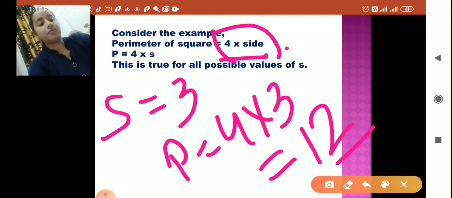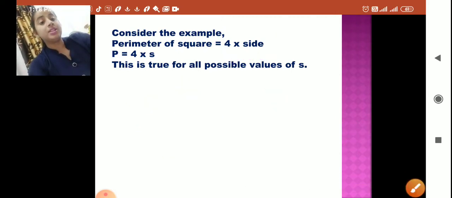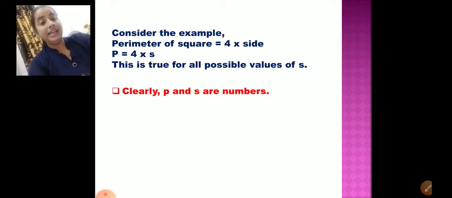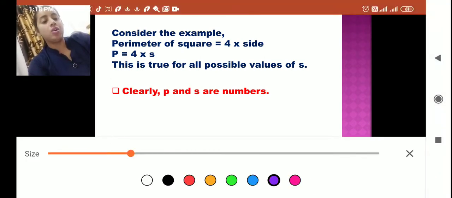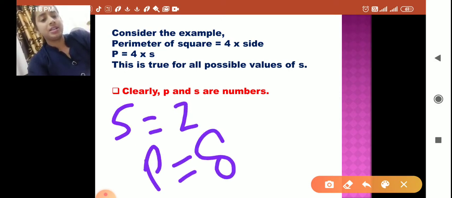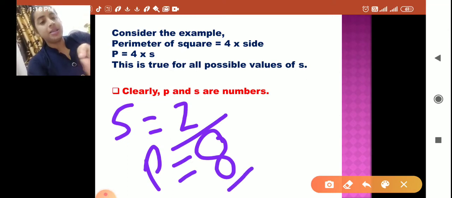So for now we can say clearly that P and S are numbers, as when we took the value of S as 2, P was 8. So you can see that P and S, they both are numbers.